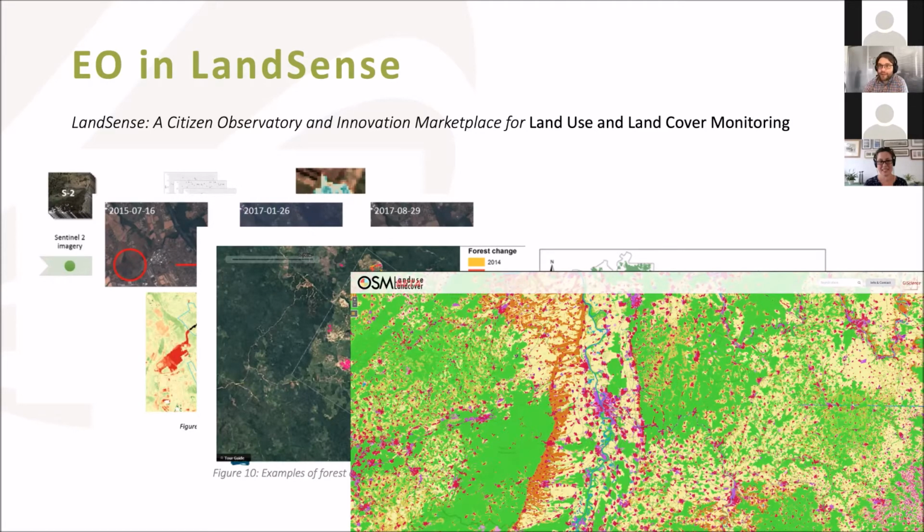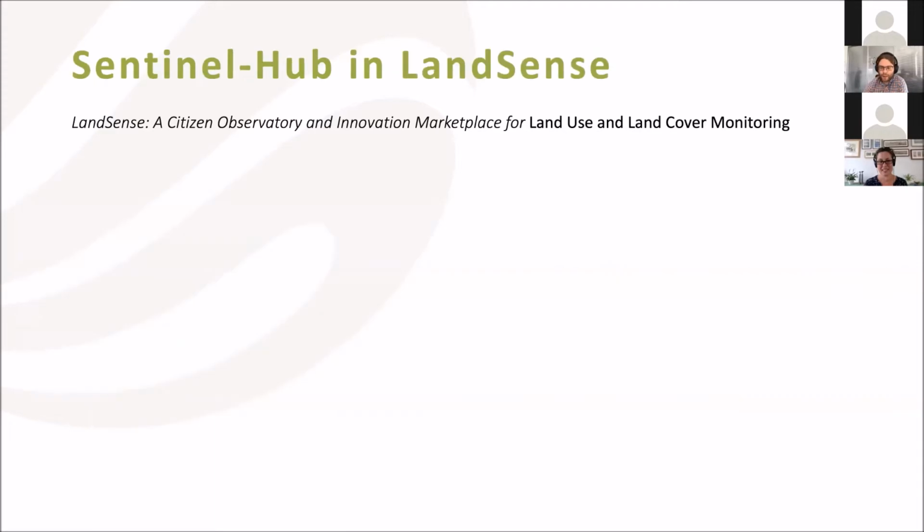Now, this is about Earth observation, and you might have remembered that my topic is actually about Sentinel Hub in LandSense. So how did we use Sentinel Hub services? Well, these services allow us to integrate various applications with satellite data.